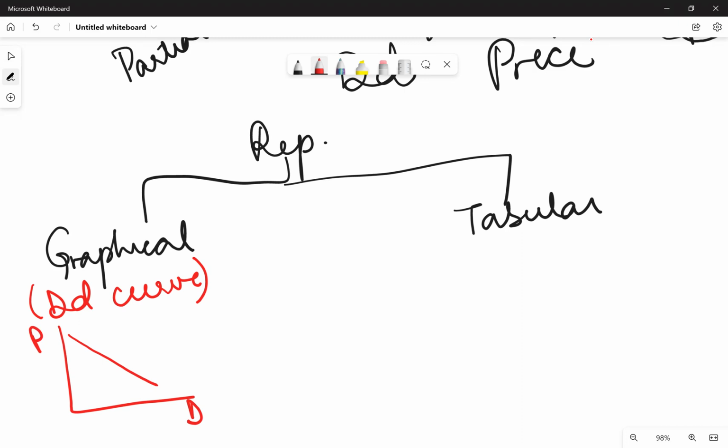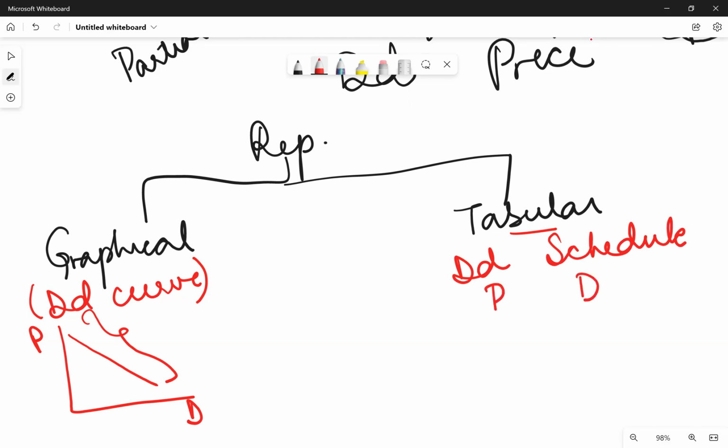So the law of demand gives us a downward sloping demand curve. On the other hand, the tabular representation is called your demand schedule, right? Which shows what the demand of a commodity will be at different levels of prices.